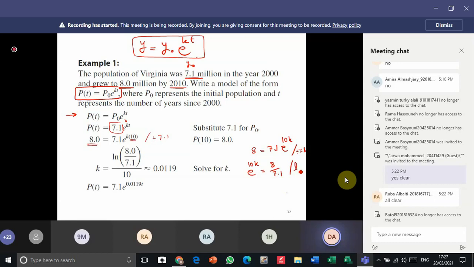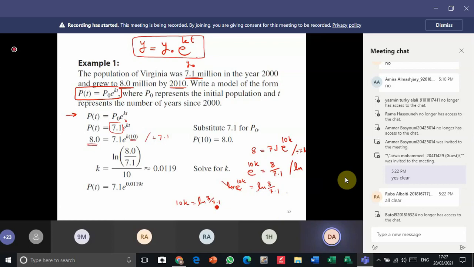7.1. Take the ln of both sides. After taking the ln of both sides, ln e to the power 10k equals ln of 8 over 7.1. Remove ln with e, so we have 10k equals ln of 8 over 7.1.